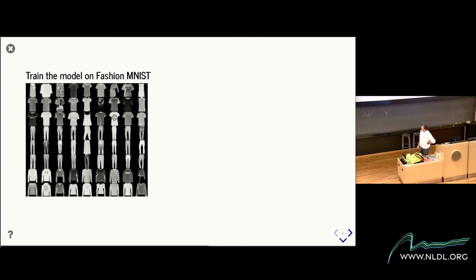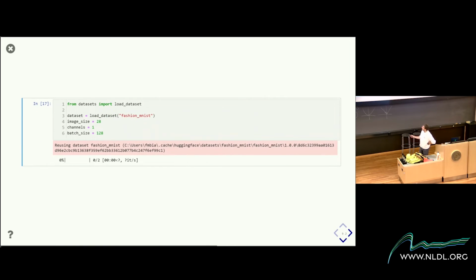Right, so we just import the dataset. The image size is 28, like in MNIST. There is only one channel because they are grayscale images. And we will use a batch size of 128 because the images are quite small.